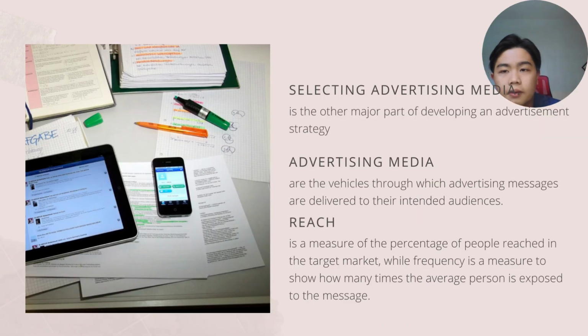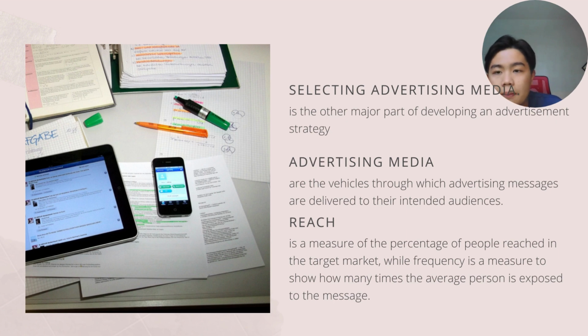So the other major part of developing an advertising strategy is selecting advertising media. Advertising media are the vehicles through which advertising messages are delivered to their intended audiences.